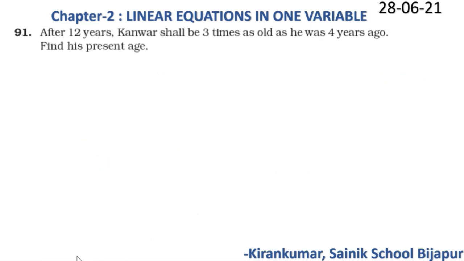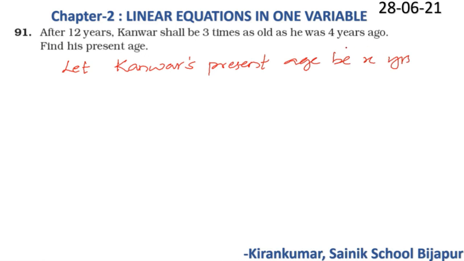Question number 91. After 12 years, Kanwar shall be 3 times as old as he was 4 years ago. Find his present age. Let me consider Kanwar's present age to be x years.